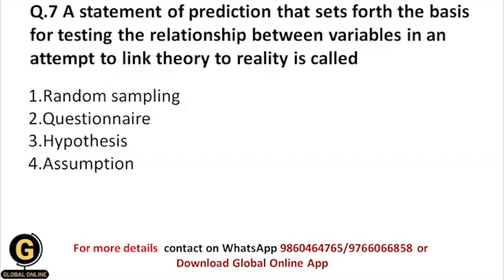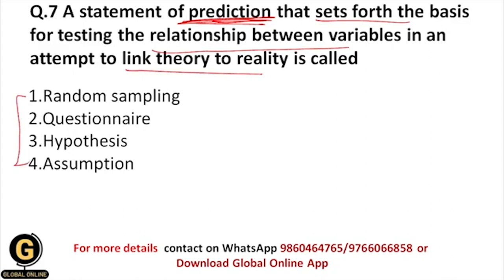Okay. A statement of prediction, and here focus on the word prediction, that sets forth the basis for testing the relationship between variables in an attempt to link theory to reality is called. So from these options, which is the statement of prediction?